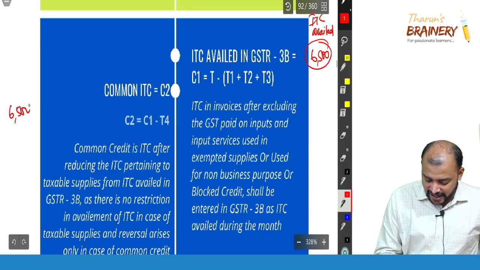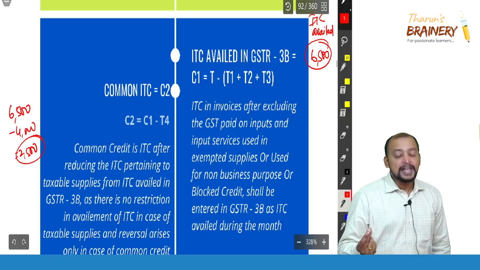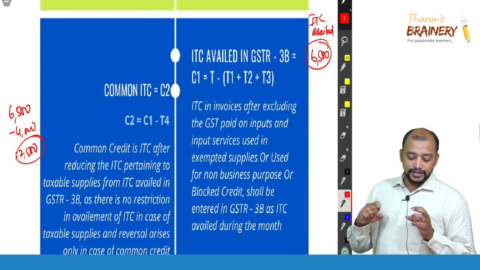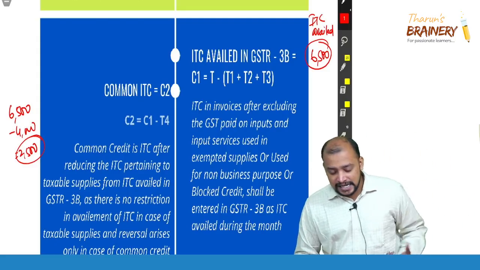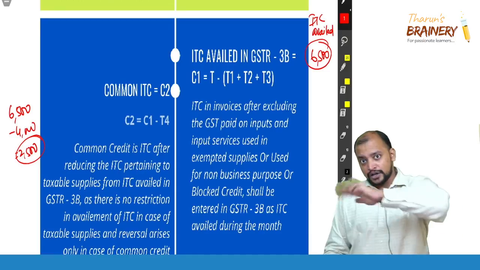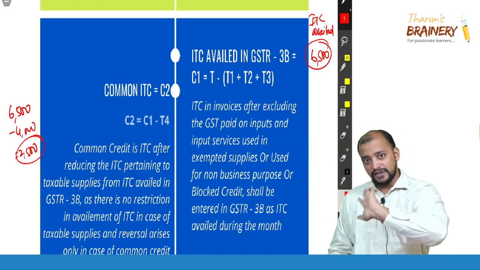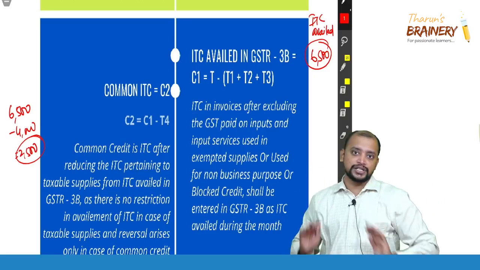Means 6500 minus 4000, so 2500 will be called the common credit. What is 4000? ITC which is exclusively used for taxable. So the remaining 2500 will be called common ITC. This common ITC only undergoes reversal, because for exclusive purposes we will not reverse. Only the common credit we will identify, and that common credit undergoes the reversal.